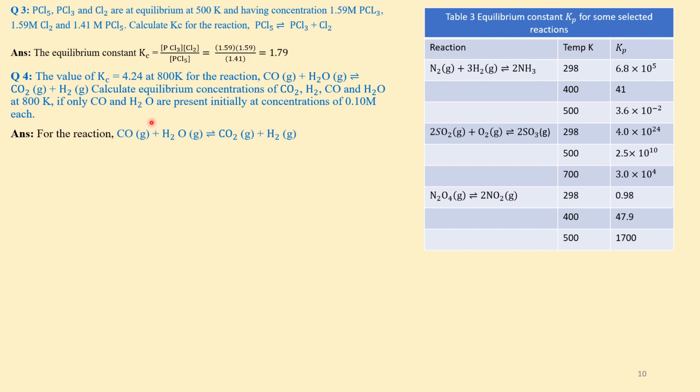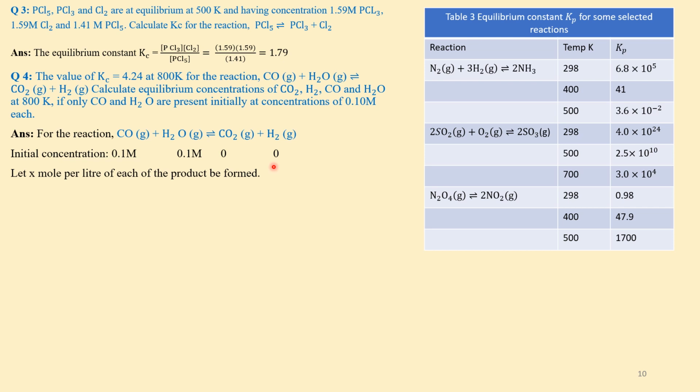Let us answer it. Write down the given reaction as shown on the screen. The next step, we will write the initial concentrations. The initial concentration of CO is 0.1 mole and the initial concentration of H2O is 0.1 mole. We assume the initial concentrations of CO2 and H2 are 0. Then let x mole per liter of each product be formed.